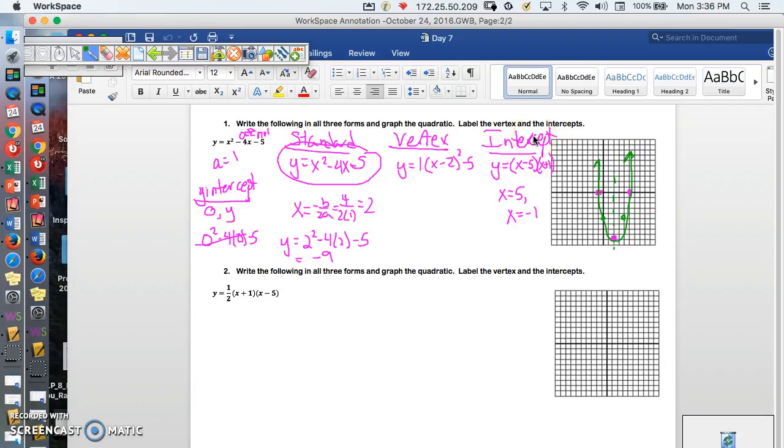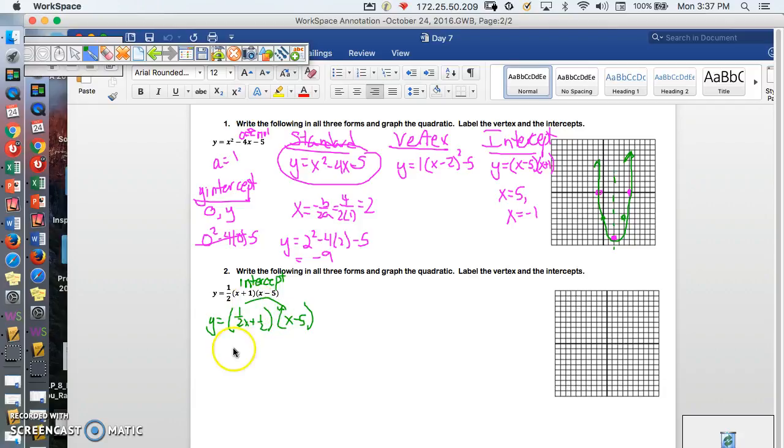All right, so this next one, all three forms. Well, this is intercept form right here. If we need to put this into standard form, we have to multiply this out. So y equals 1/2 times x plus 1 times x minus 5.